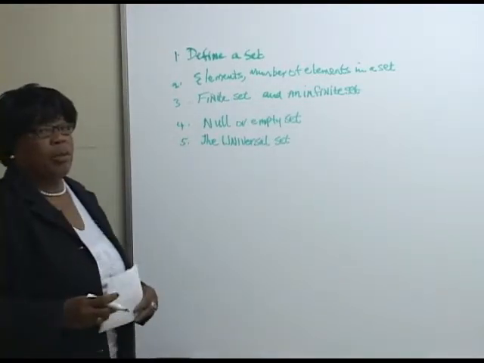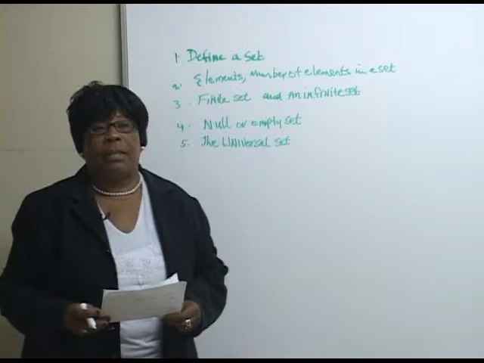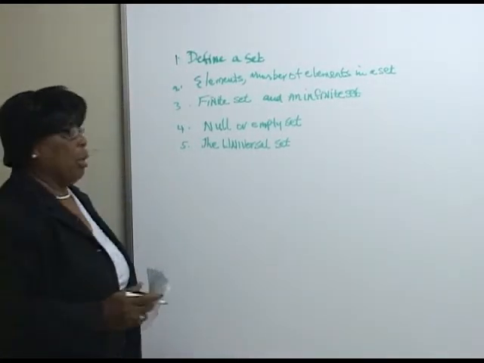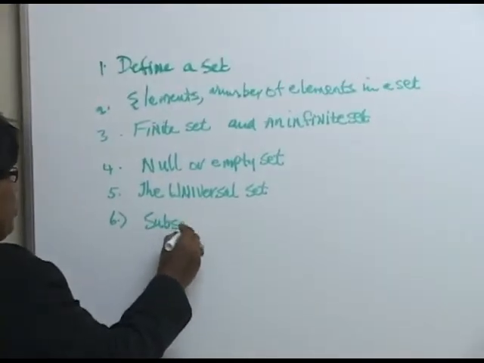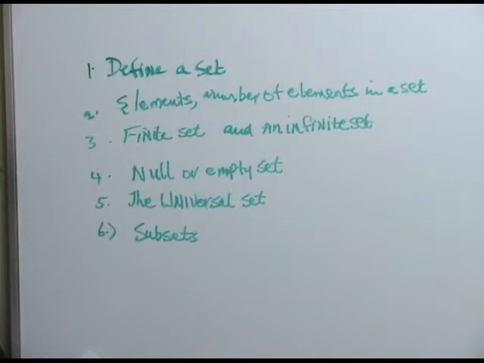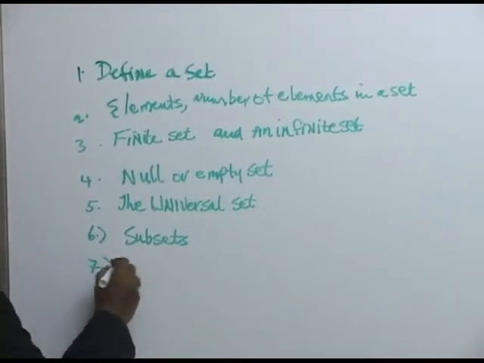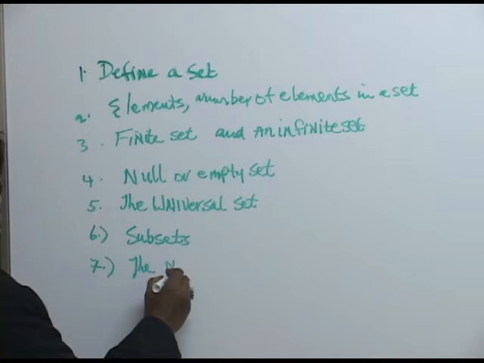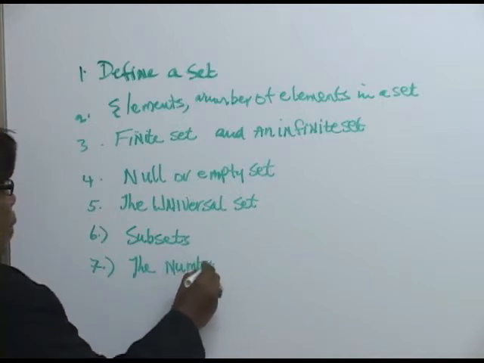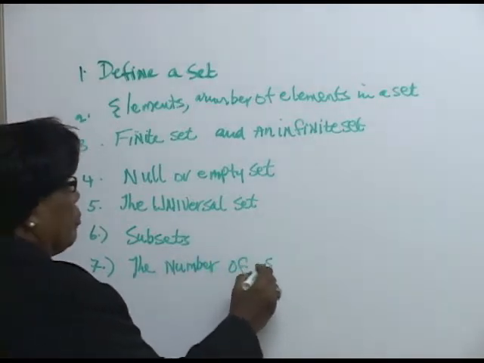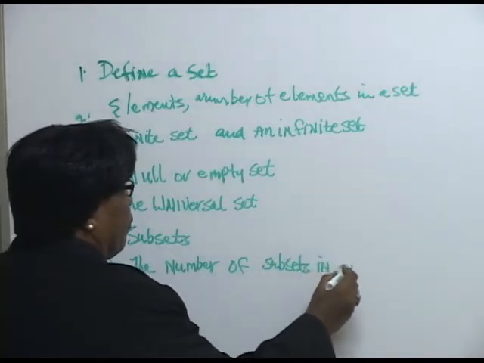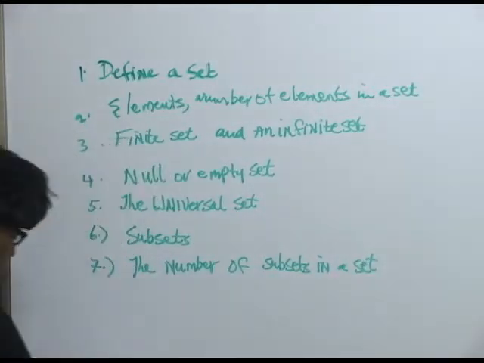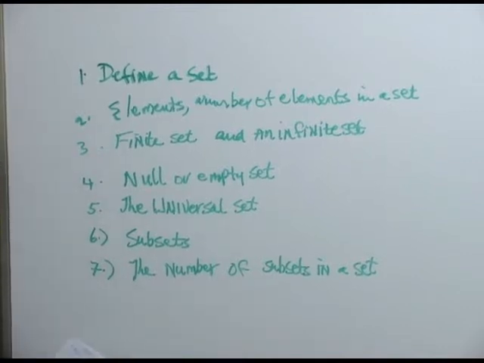Then as long as we start talking about sets, we know we're going to be having them grouped. And for that, we're going to be defining subsets. How do we find the number of subsets in a set? What do we mean when we start talking about equal sets?